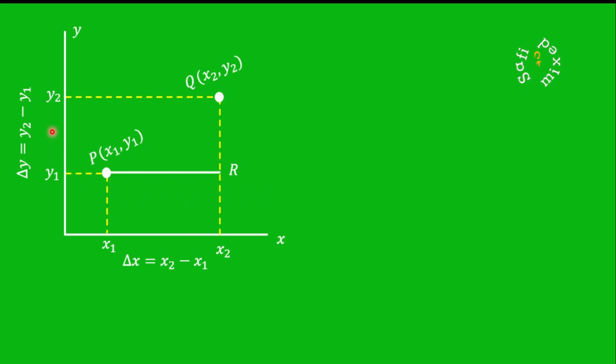The same I do with the separation between y2 and y1. That is, I take a line parallel to y2, y1, and I place it between Q and R.